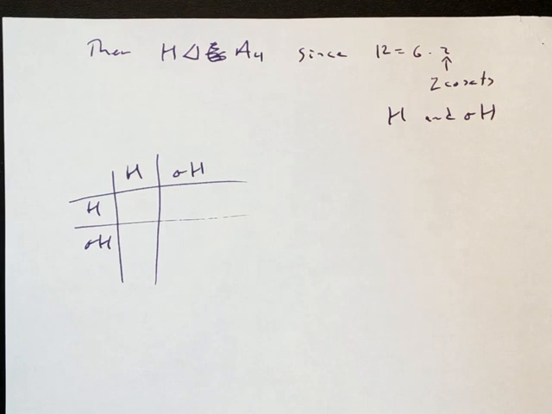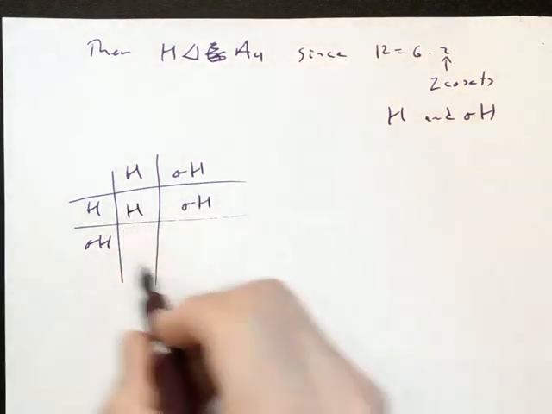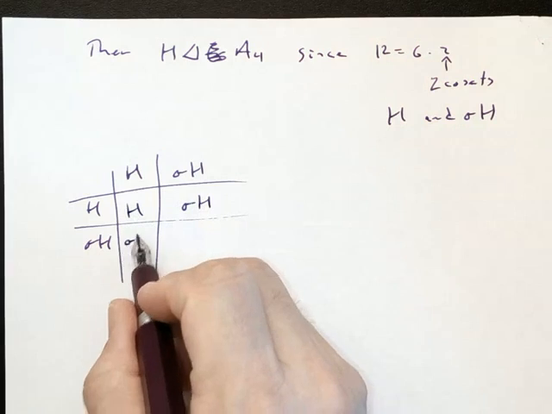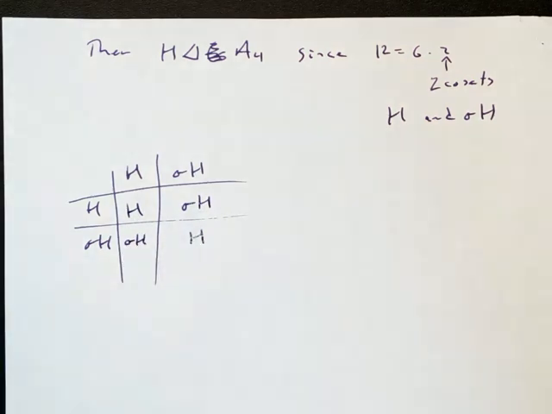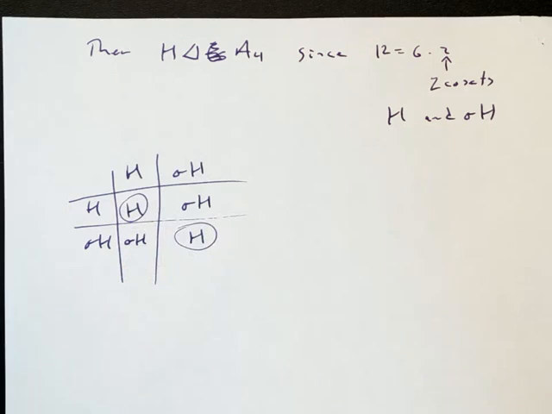Sigma H across the top? Yep. Okay. Sigma H, H. Hey, wait a second. That means no matter what element you pick in A4, when you square it, you end up in H.